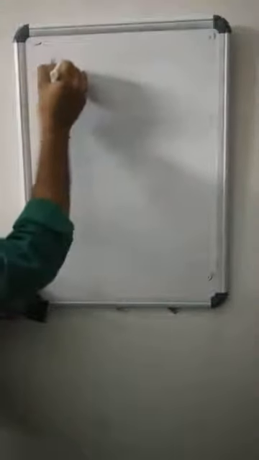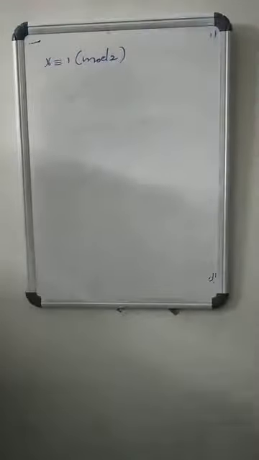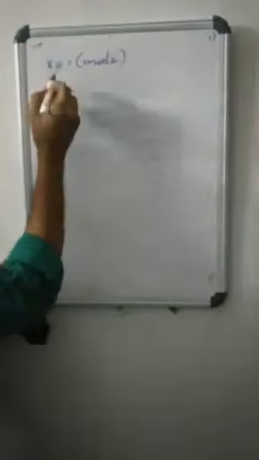Consider x congruent to 1 mod 2. This linear congruence has a solution: when x equals 3, 3 is congruent to 1 mod 2.